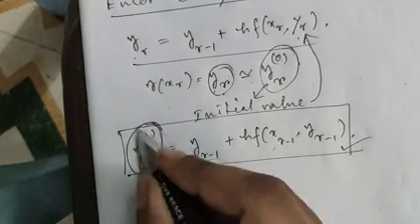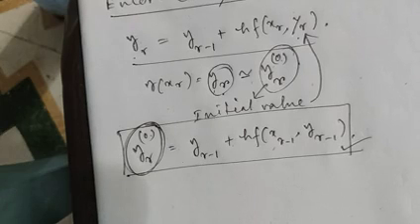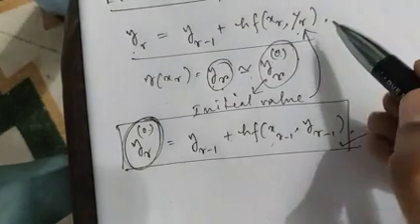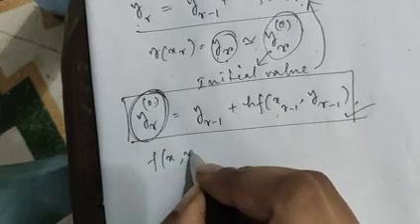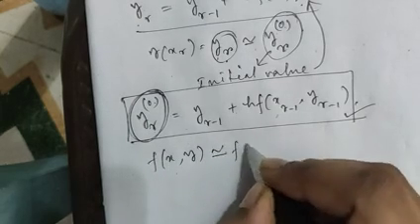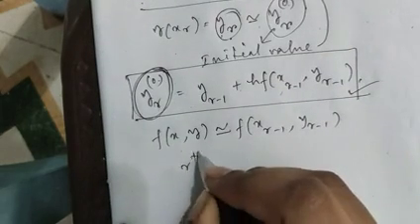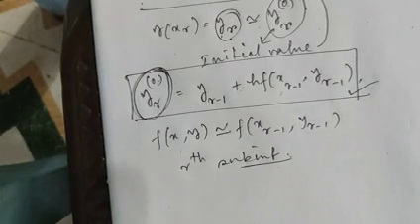After getting this initial value, we will apply a new method which is known as the modified Euler's method. So what we basically do in this method is, in Euler's method, what did we do? We assumed that f(x, y) is equivalent to f(x_(r-1), y_(r-1)) on the rth subinterval. That is what we assumed throughout Euler's method.